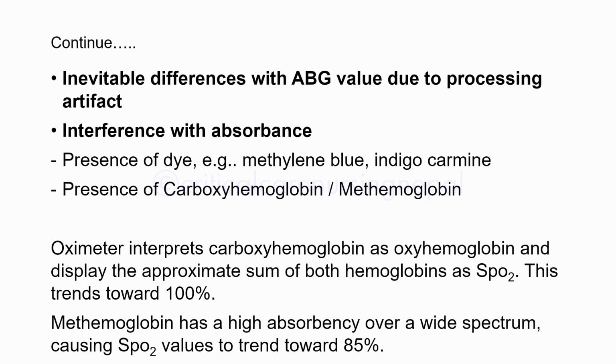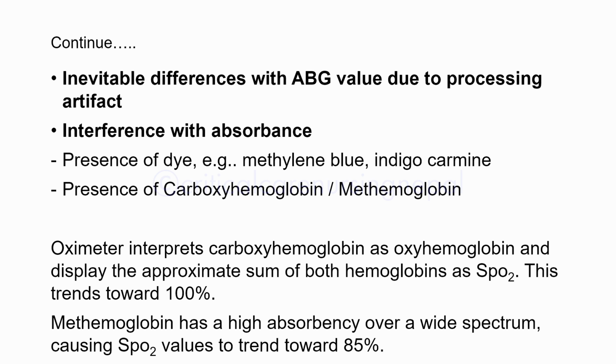So you see a saturation level way higher than the patient's actual saturation, with a trend of 98 to 100% SpO2 shown on the monitor, while the patient is actually at 60 to 70% saturation. So what is the clue? The only clue is clinical suspicion and use of co-oximetry.